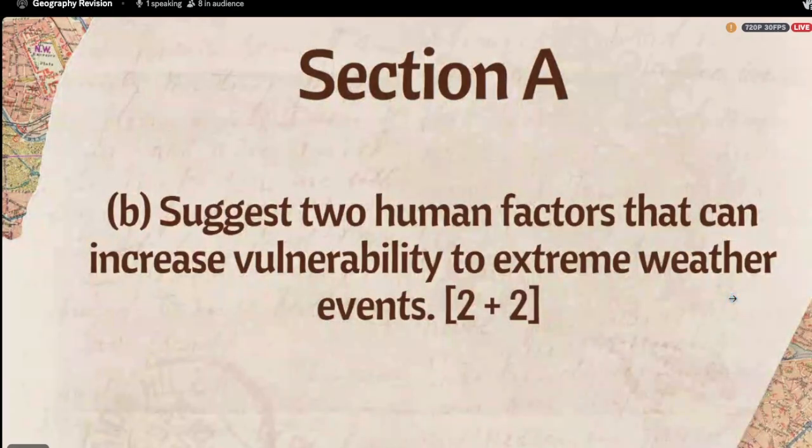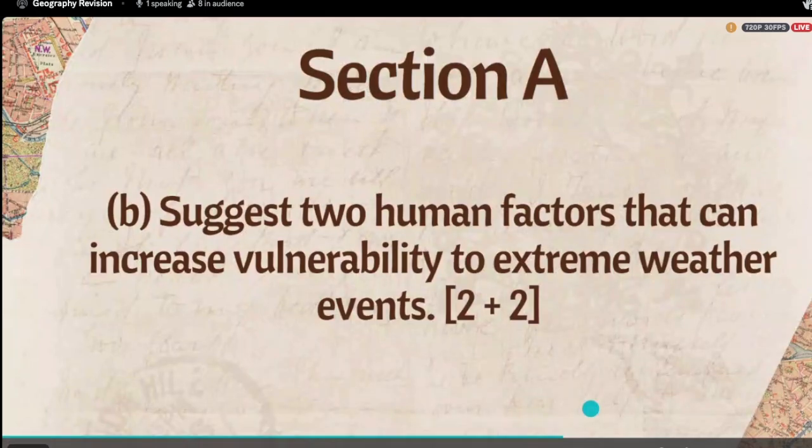First, suggest two human factors that can increase vulnerability to extreme weather events. Because the way you do a 2 plus 2 question, hear me out while you're writing this down.